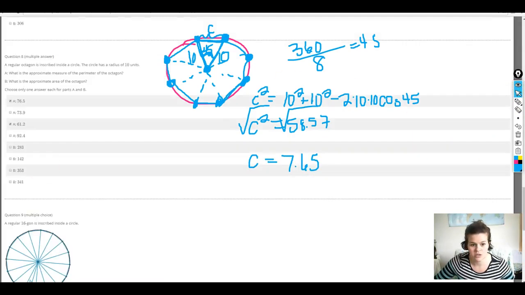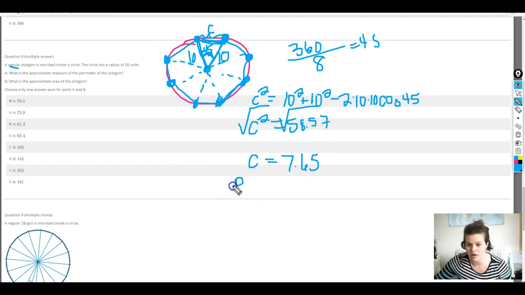And now the question wants us to know the perimeter. So we just found this side length of our octagon. And since it's a regular octagon, I know that regular means that all of the side lengths have to be the same. So there's going to be 8 of those.